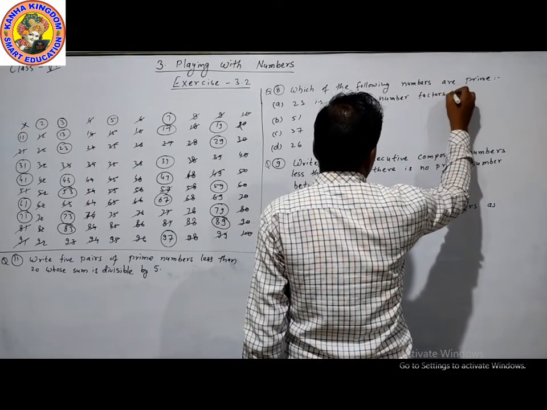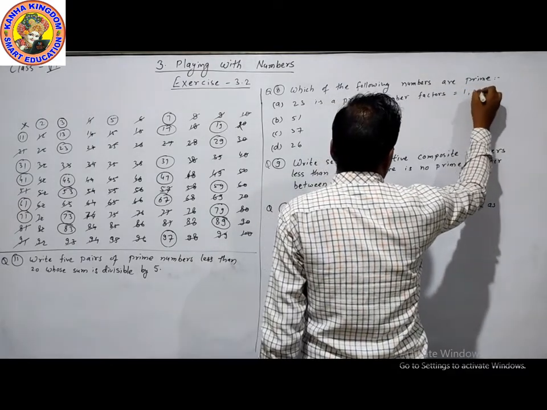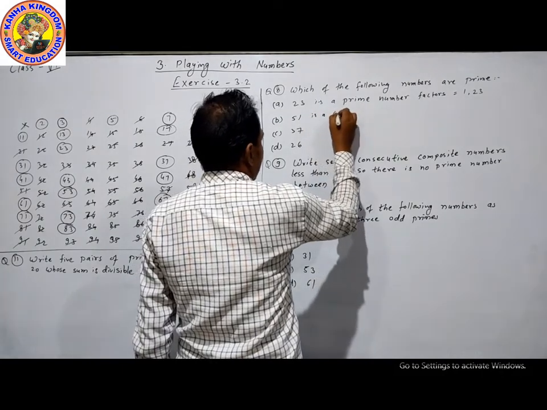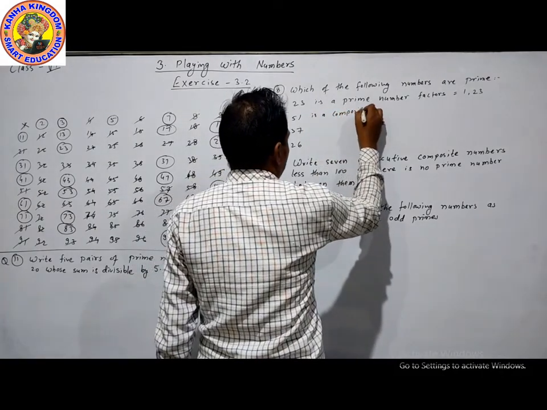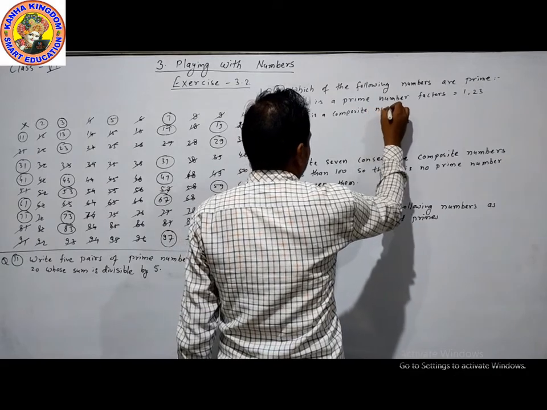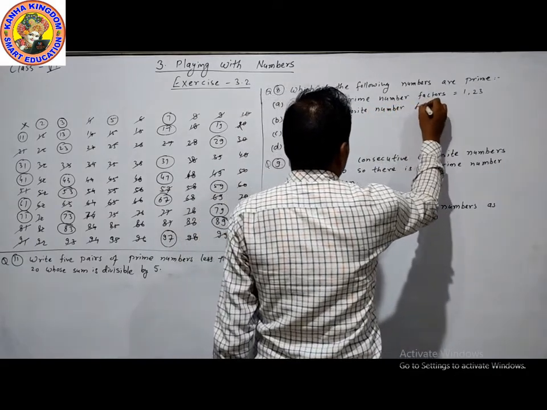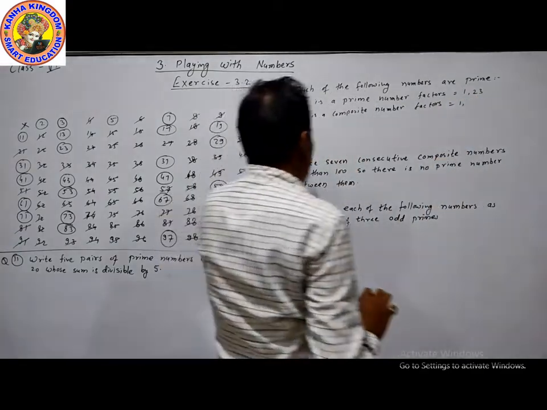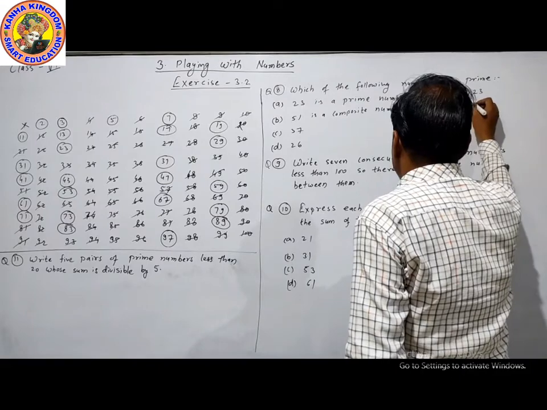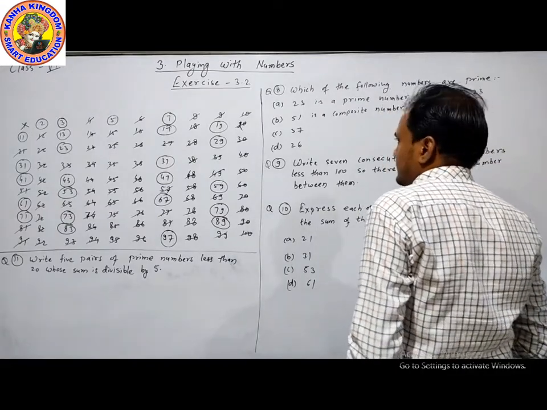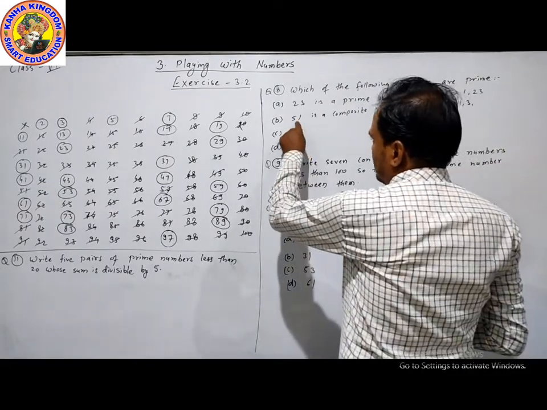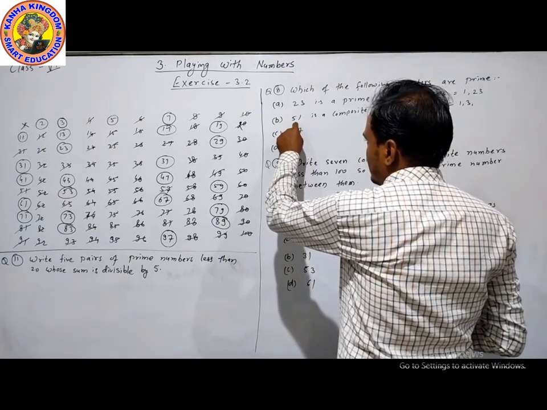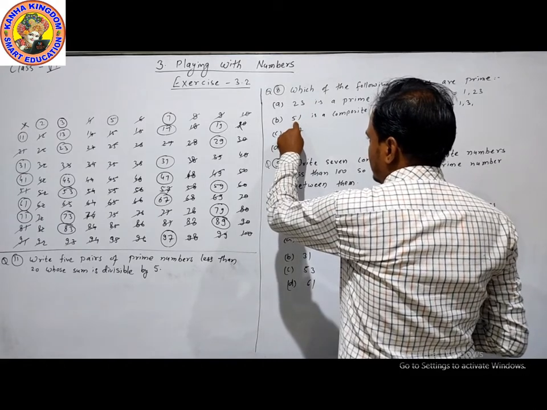Factors 1 and 23. 51 is a composite number. Factors: we can divide by 1, we can divide by 3, but can't divide by 5, can't divide by 7, can't divide by 11, can't divide by 13.